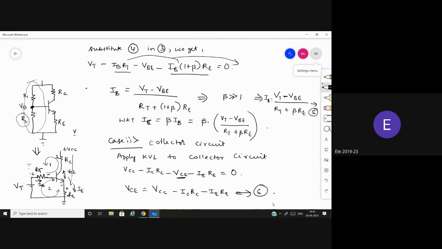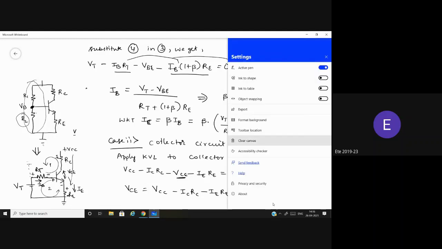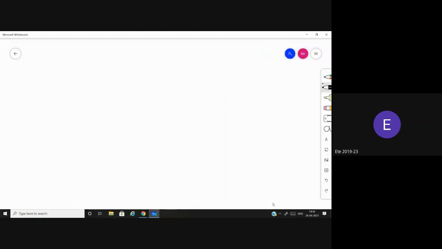Based upon the question, even in the problems of voltage divider bias, you need to look into what they are asking, whether they are asking to solve the problem using the accurate method or the approximate method. Along with this, we have one small equation which is used.